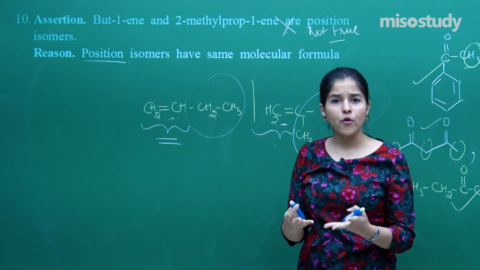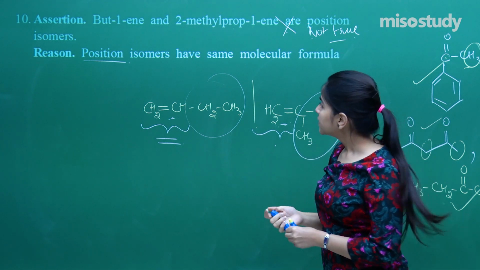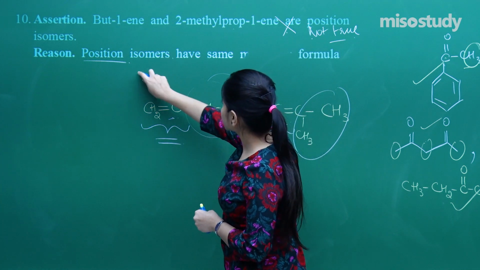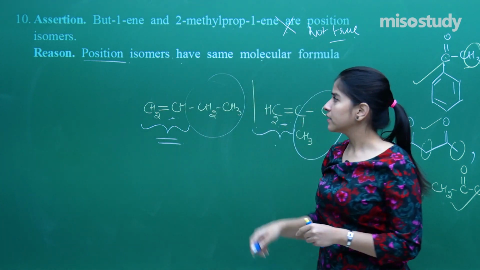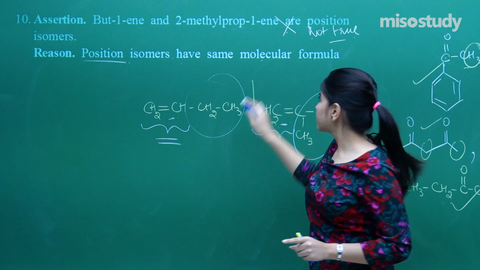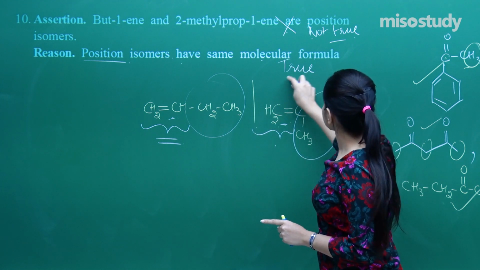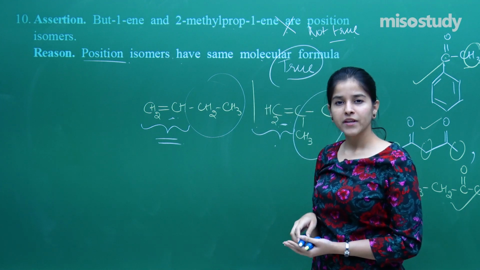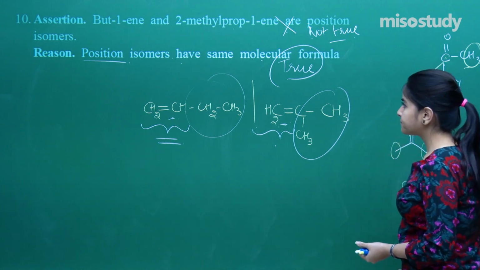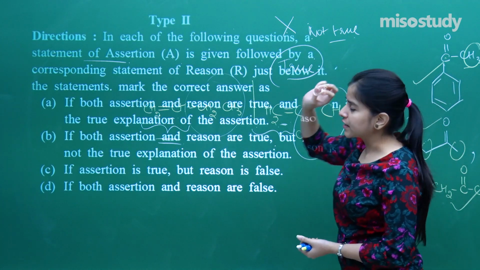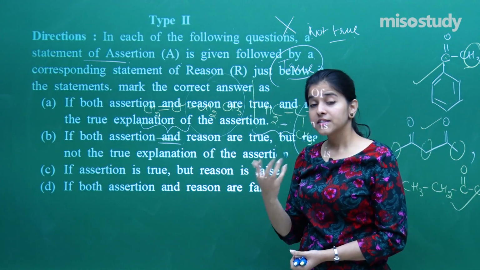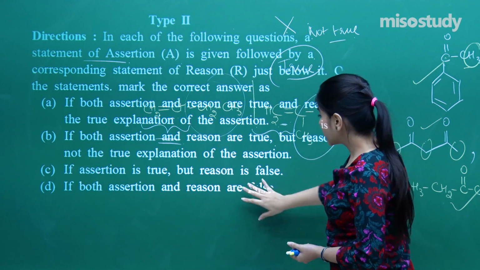Now there is no point of explanation then. Now if I look at statement number 2, position isomers have same molecular formula. Yes, they have same molecular formula. This very statement is true indeed. So let us now have our option. I need statement 1 is false and statement 2 is true.